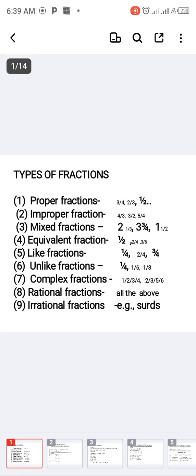I am Jonah Bicroft. In this tutorial, you will learn types of fractions, addition and subtraction of fractions, ordering of fractions, and multiplication and division of fractions.